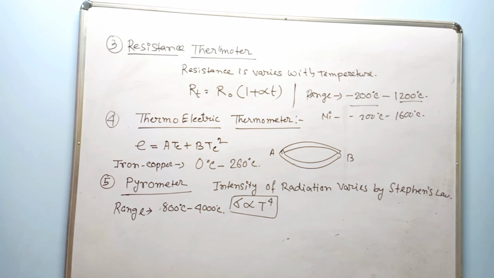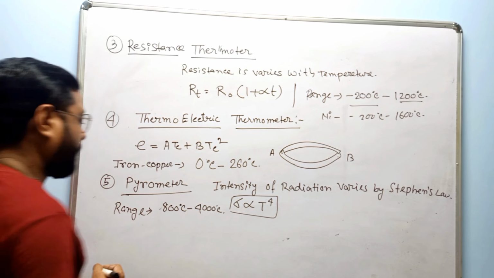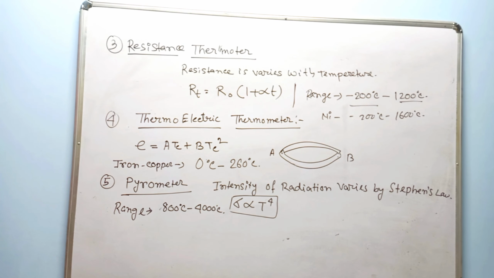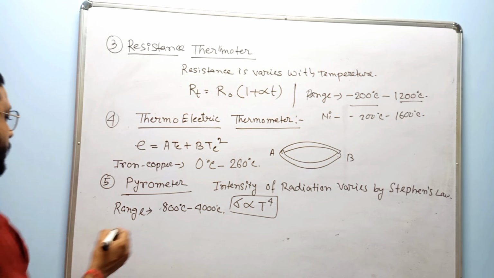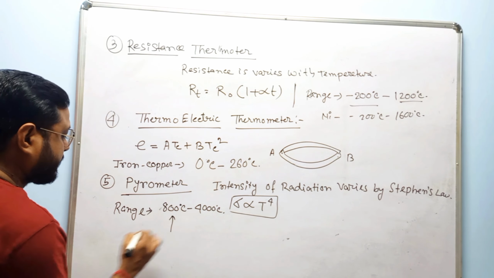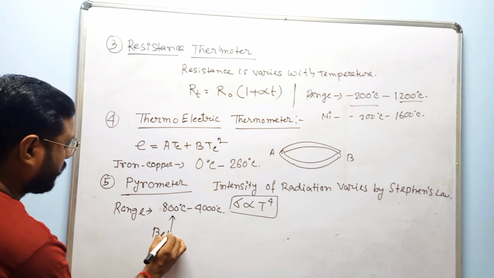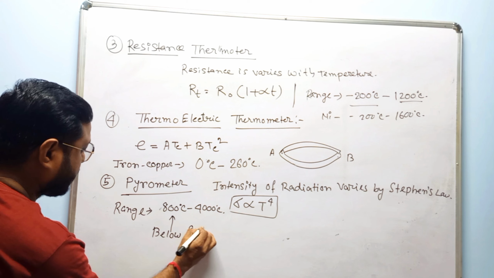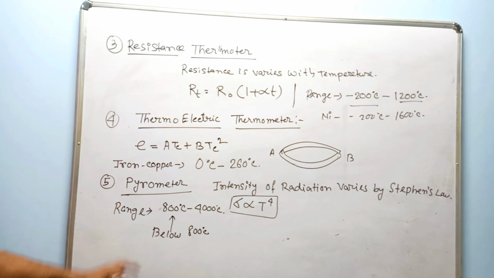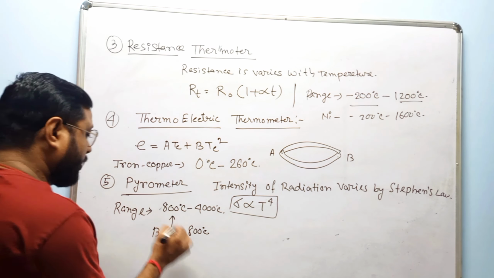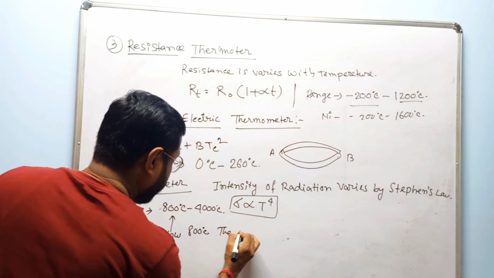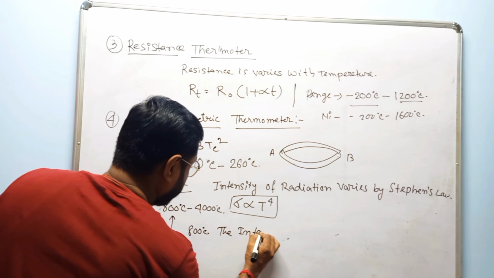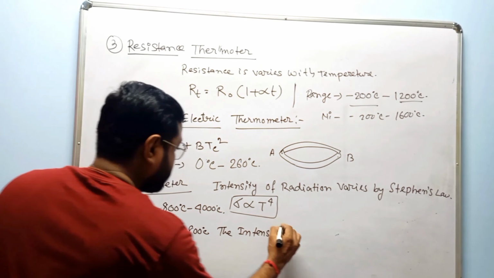It starts from 800 degree centigrade because below 800 degree centigrade it cannot measure the temperature, since below 800 degree centigrade the intensity is very small.